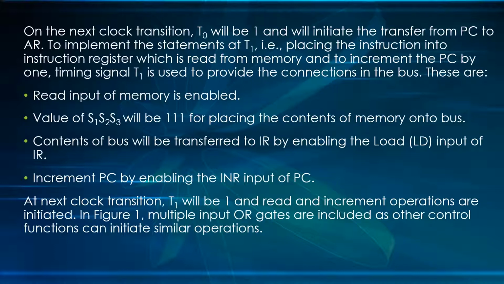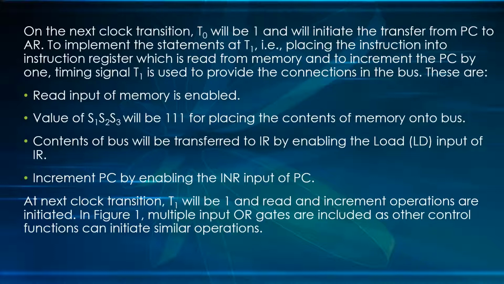To implement the statements at T1, that is, placing the instruction read from memory into the instruction register, and to increment the PC by 1, timing signal T1 is used to provide the connections in the bus. These are: 1. Read input of memory is enabled. 2. Value of S2, S1, S0 will be 111 for placing the contents of memory onto the bus. 3.